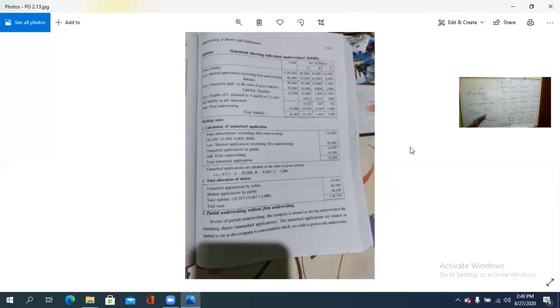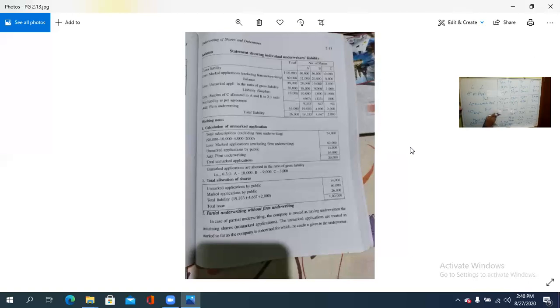So 90 minus 16, 74. That 74 minus the 60 marked application, then we get the unmarked one, including unmarked application by the public. Along with that, the firm underwriting is added. How much? 16,000, isn't it? 16,000 firm underwriting is to be added with the unmarked application that is to be subscribed by the public. 14,000.